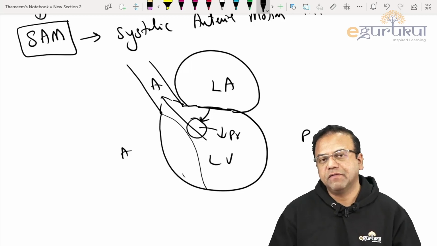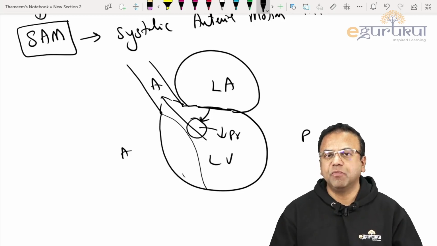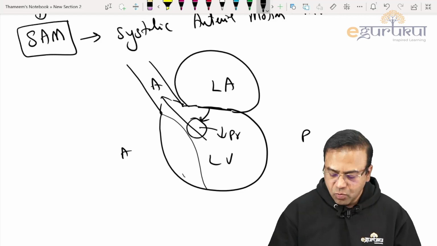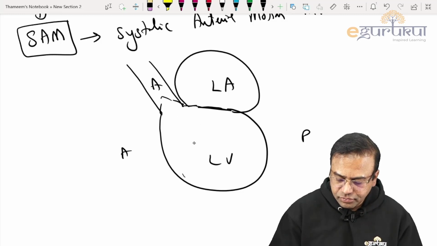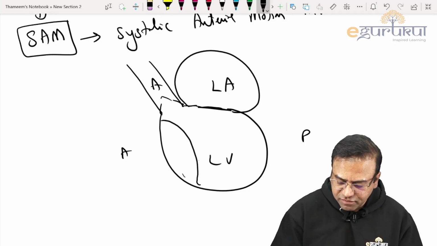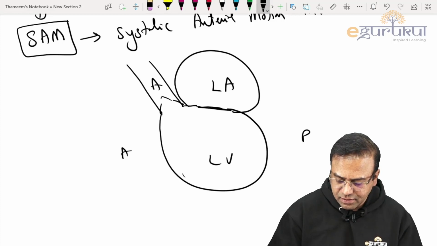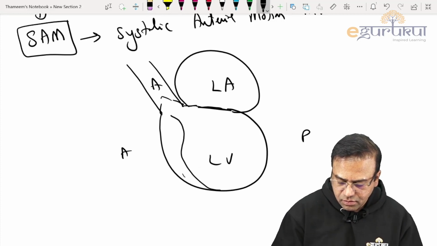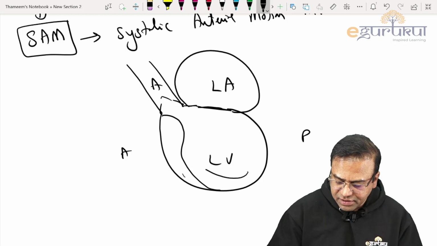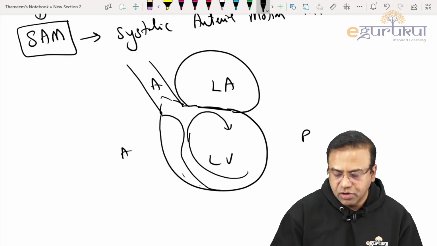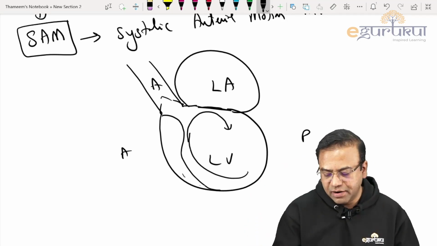There are other concepts of explaining why the mitral leaflet is sucked open when the LV is pumping. One such mechanism is the shape of the LV, that is the septum that is there. When the left ventricle blood is going, it's going to generate a circular movement of blood that creates a drag.